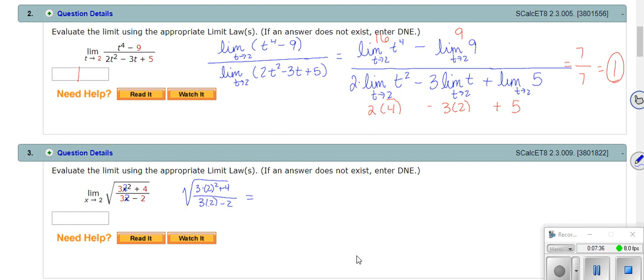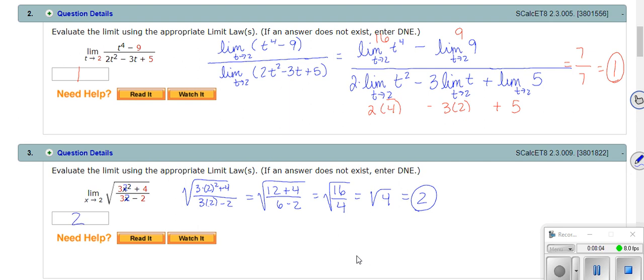So 3 times 4 is 12, plus 4, over 6 minus 2, square root. Okay, you guys with me? So this is the square root of 16 over 4, which is the square root of 4, which is 2.